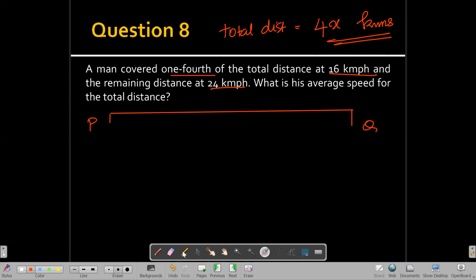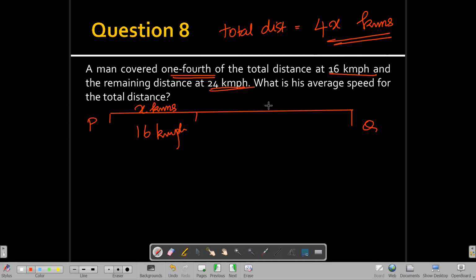So in the question, it is given that 1/4 of this total distance, that is 1/4 of 4x, x kilometers, is covered at the rate of 16 kilometers per hour.